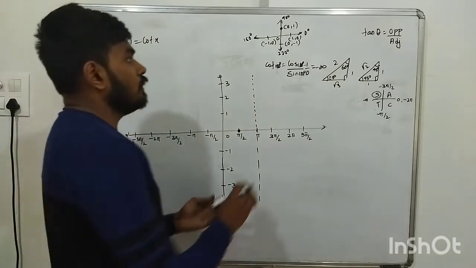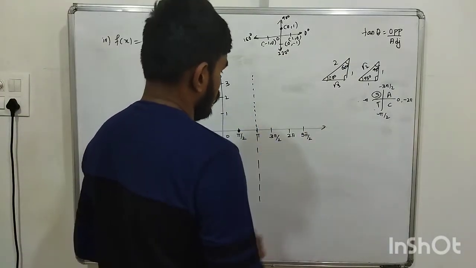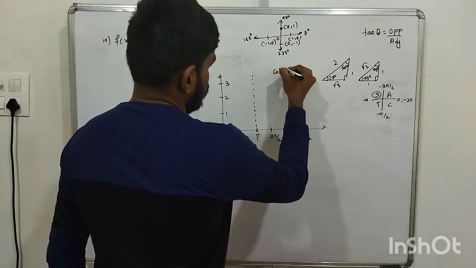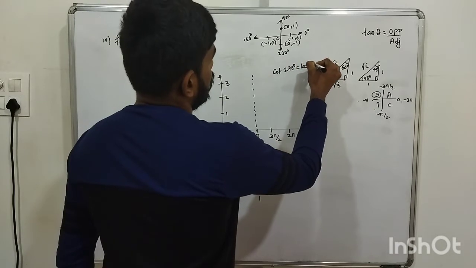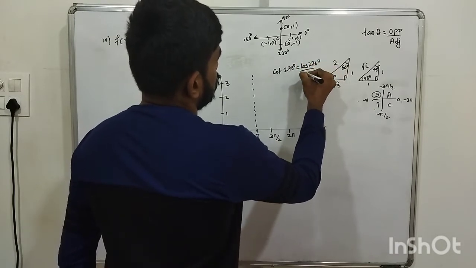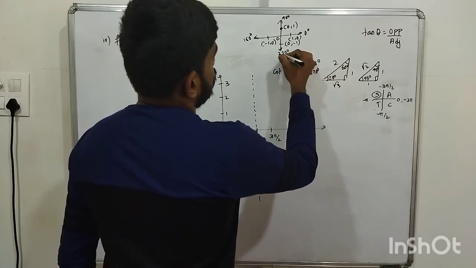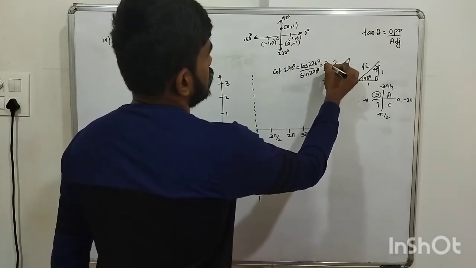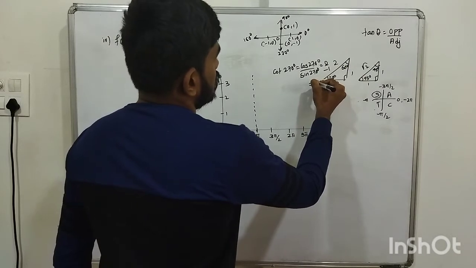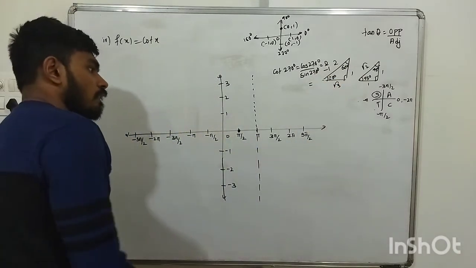Similarly, cot of 270 degree is cos 270 degree upon sin 270 degree. Cos of 270 degree is 0, sin 270 degree is minus 1, so the answer is 0, correct?